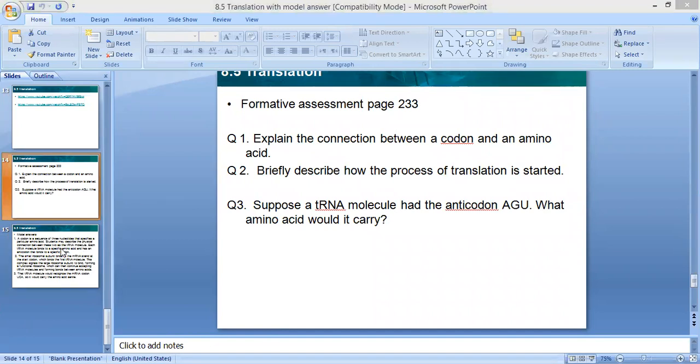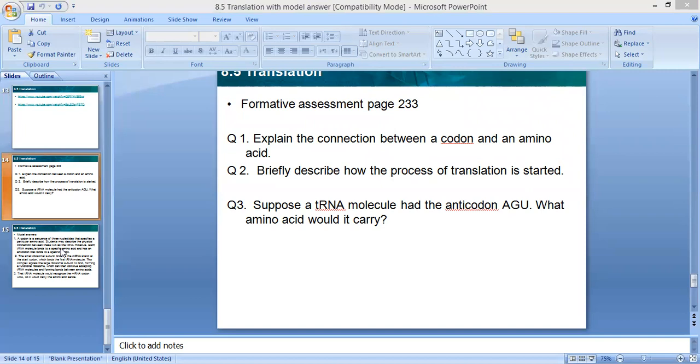Okay. It starts with the messenger RNA, which binds to the small ribosomal unit. The translation starts with the codon AUG, which codes for the amino acid and signals the start.